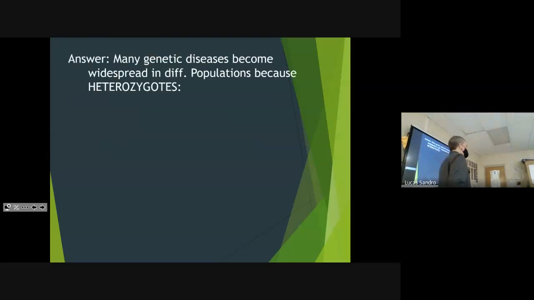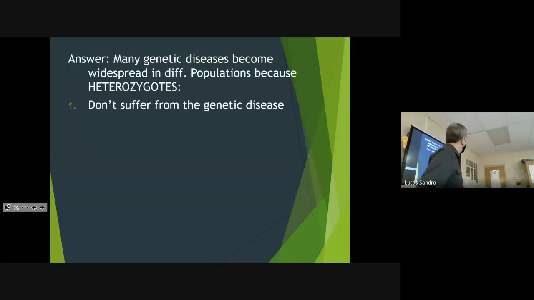The answer has to do with, first of all, heterozygotes being key here. Since the things are recessive, we're looking at heterozygotes who don't show the disease, but carry it. So, of course, they don't suffer from Tay-Sachs or cystic fibrosis. Or in the case of the African population, the one they zeroed in on was, and you might have heard of this one, sickle cell. It used to be called sickle cell anemia.